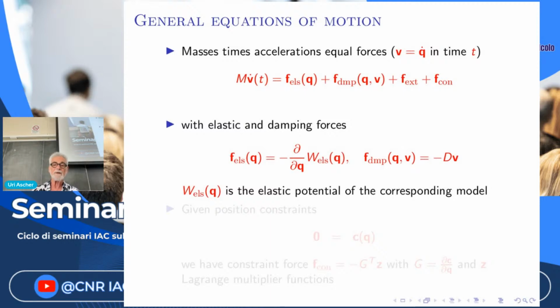It is the gradient of an energy, of a potential. And the damping forces are there because, you know, my shirt is damp, it doesn't fly around. The damping is minus D of q, depending usually only on q, on the positions, times v. So if q is fixed, it's linear. Otherwise, it's a non-linear expression.